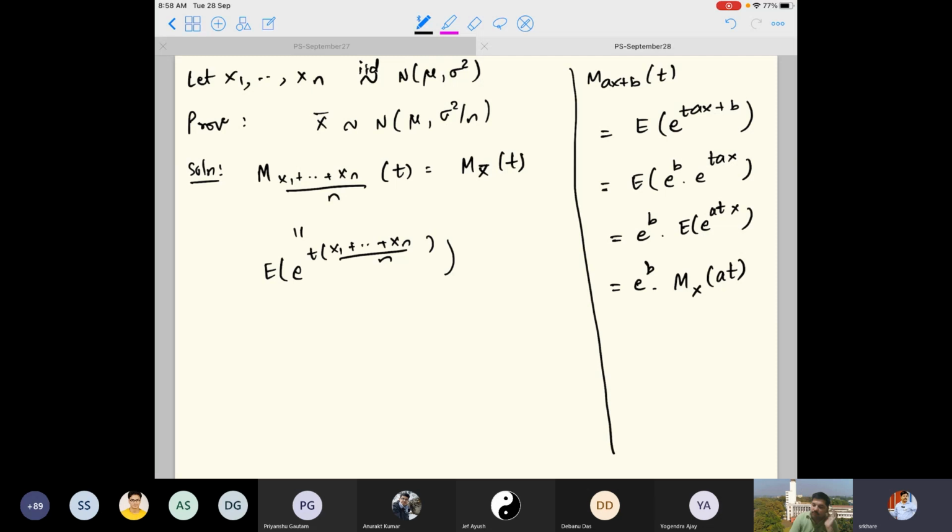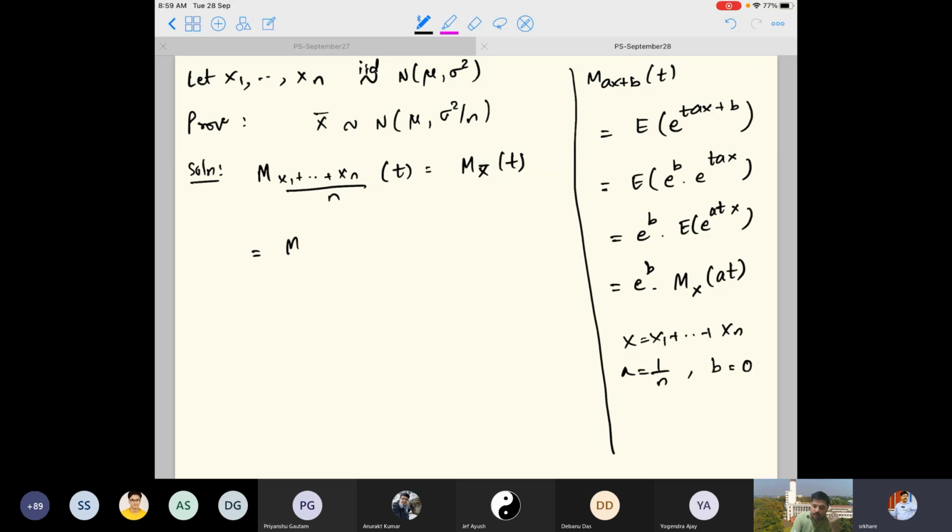So here b is equal to 0 for us, so that is gone. And x is x1 plus x2 plus ... plus xn, and a is equal to 1 by n. If that is the case, then what do you get? You tell me.